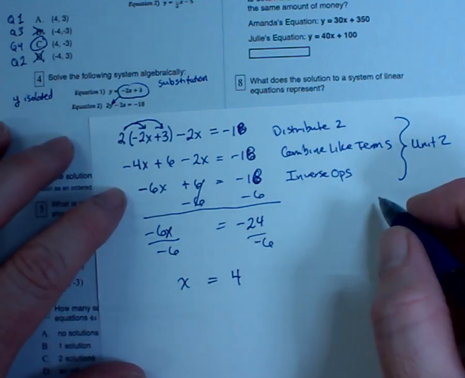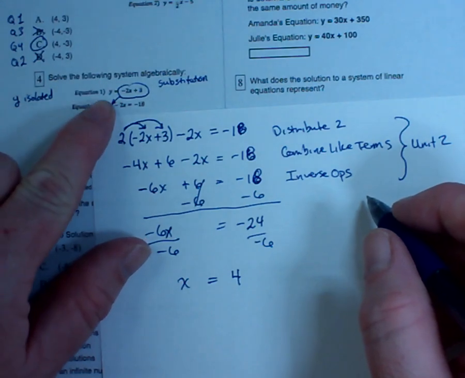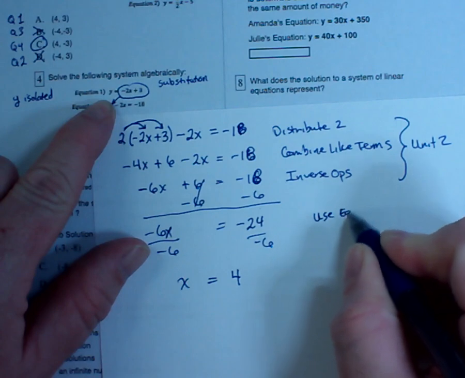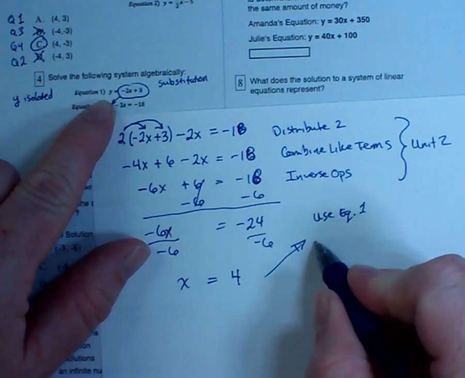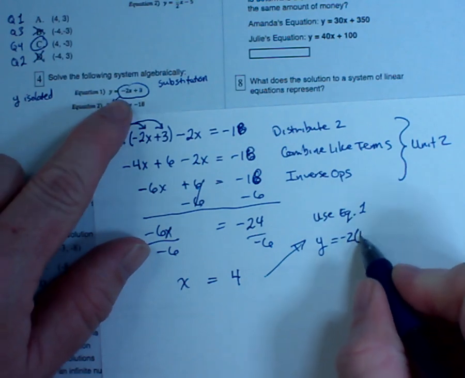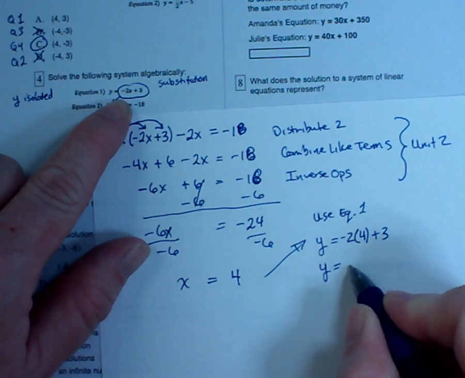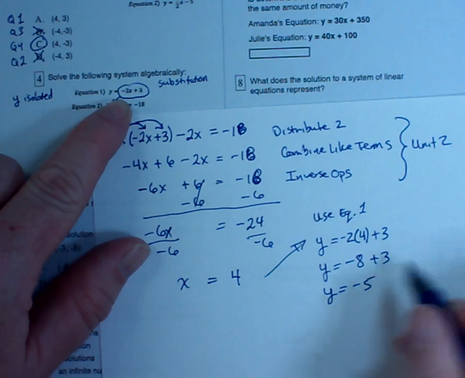And I need to find y. Okay, well this equation 1 was isolated for y. So I'm going to use equation 1. And I have y equals negative 2, and in place of x, I know the value is 4. So I get y equals negative 8 plus 3, y equals negative 5.